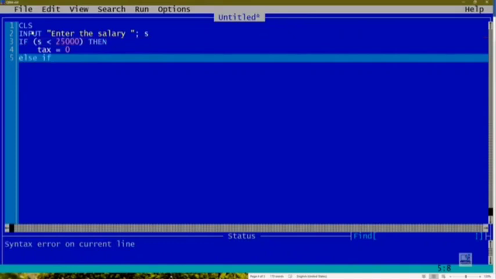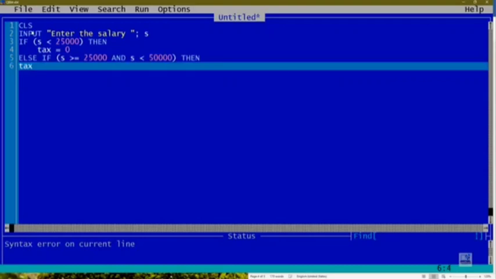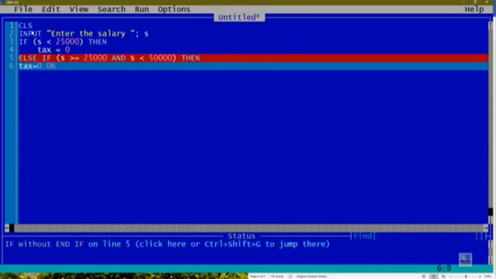Then else if second condition, salary greater than equal to 25,000 and salary less than 50,000. Then tax equal to 6% given. I am writing instead of 6 by 100, I am writing 0.06 as 6%. So 0.06 into salary.